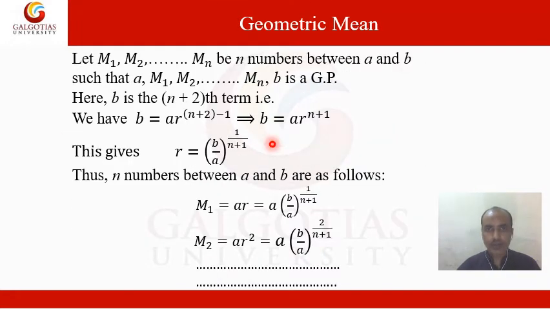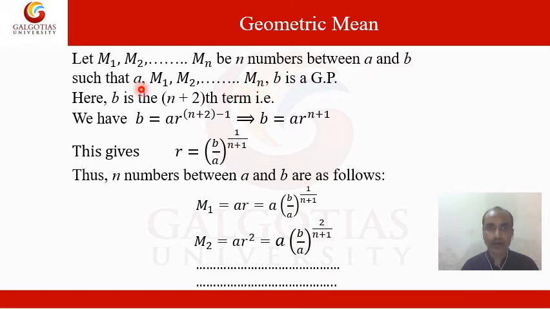Now generalize the concept of geometric mean between two distinct numbers a and b. For this, let m1, m2 and so on mn be n numbers inserted between two numbers a and b in such a way that the list of numbers a, m1, m2 and so on mn, b form a GP.